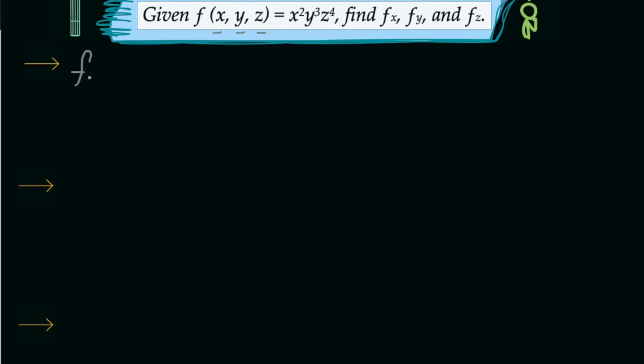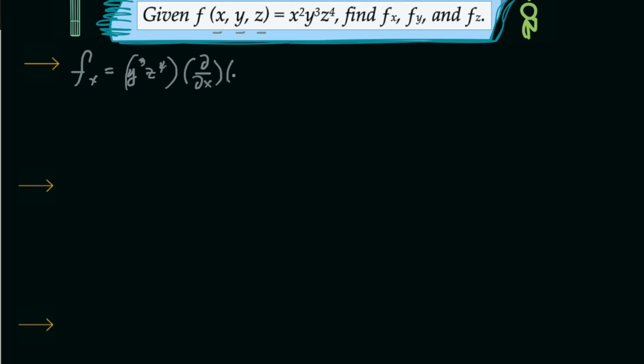The first job is to find f sub x. When we are differentiating with respect to x, we are holding variable y and variable z as constant. So we'll just write y cubed and z to the fourth, and then we'll find the partial of the function with respect to x.